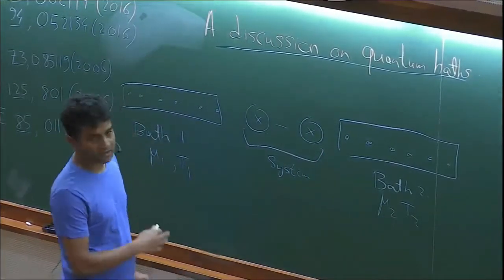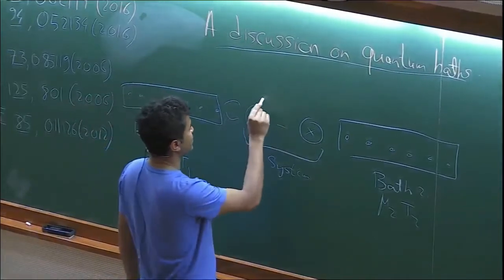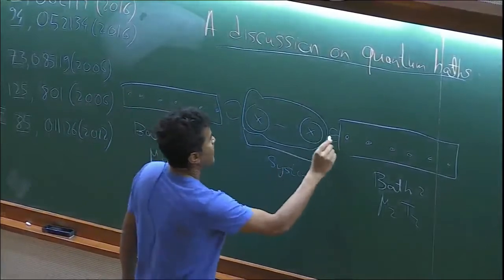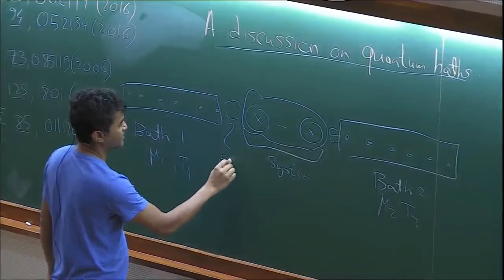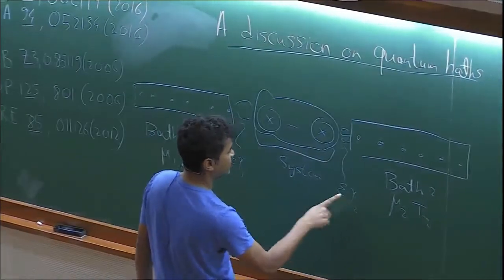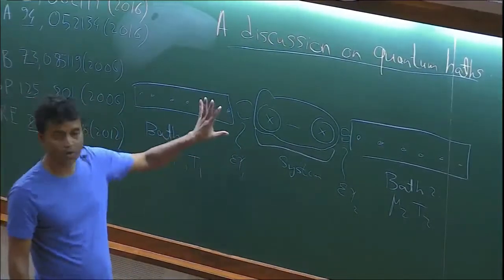Okay, so this is the setup. And then I have some coupling between the system and the reservoirs. I'll define the precise model, but basically there's some small parameter epsilon, which tells me how small the coupling is.